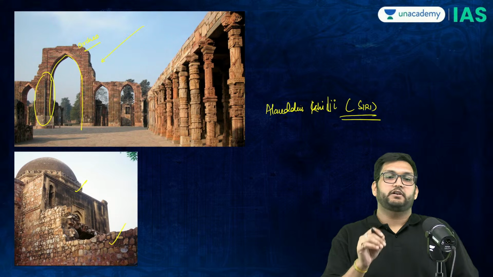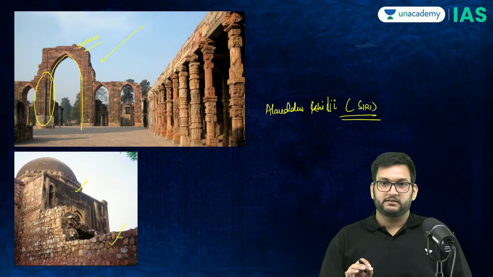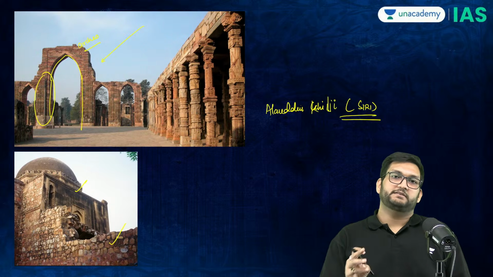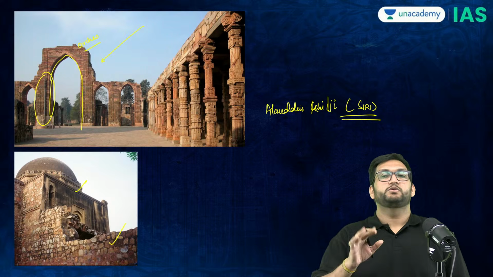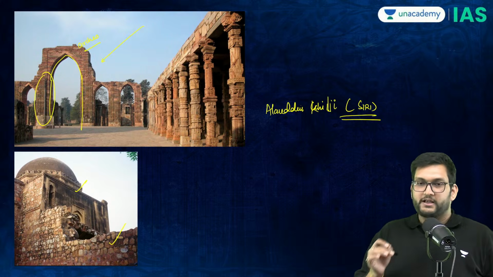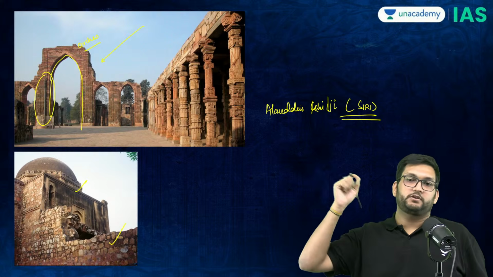Arabesque is the decorative technique of the Delhi Sultanate, which is based on Quranic verses plus geometrical designs plus Indian or Hinduistic elements. Now, why do I call Alauddin Khilji's period the highest point of the second phase? Because of this. This is called Alai Darwaza, a darwaza which was actually added to the Kuwaitul Islam Mosque only. And this is the structure where we find the first true dome, which is scientifically made.